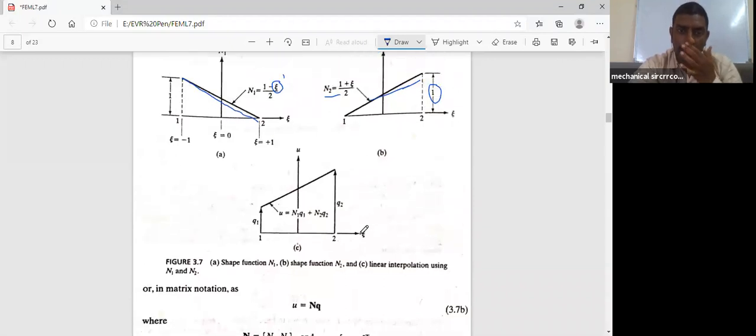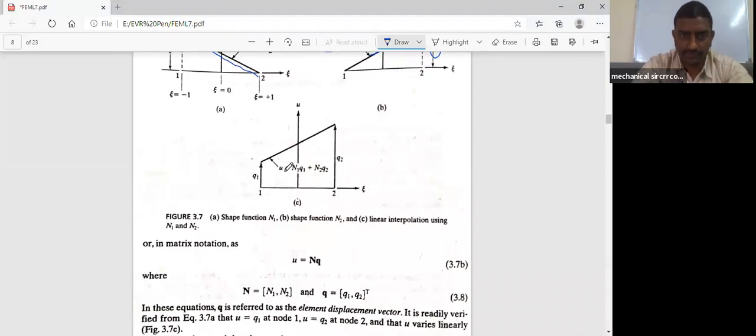Now the displacement function. The displacement function is in terms of shape functions and nodal displacements q1 and q2. The deformation u at node 1 is equal to q1, because if you substitute the N1 and N2 values at node 1, N1 is equal to 1 and N2 is equal to 0, therefore u is equal to q1.